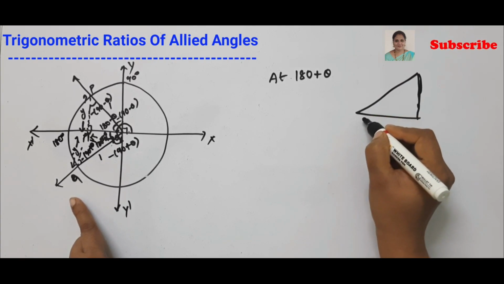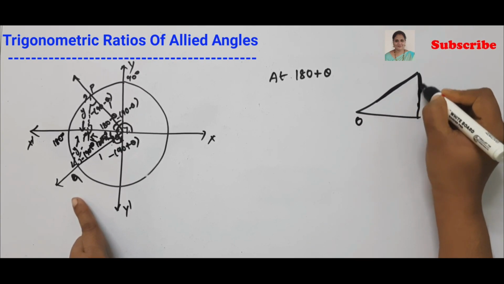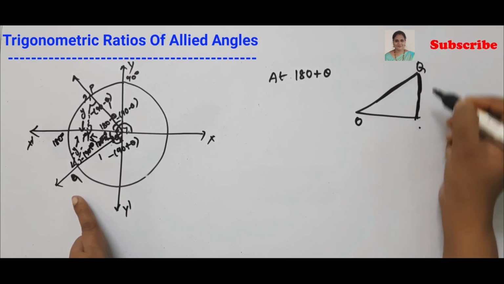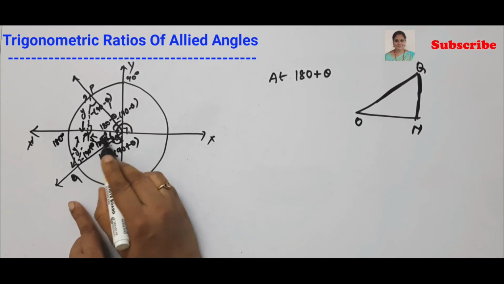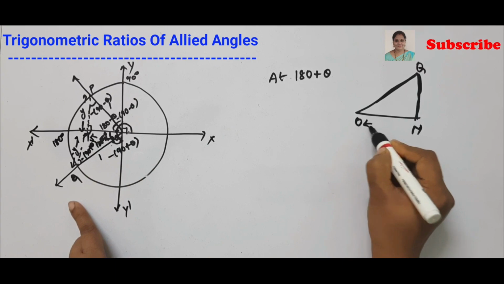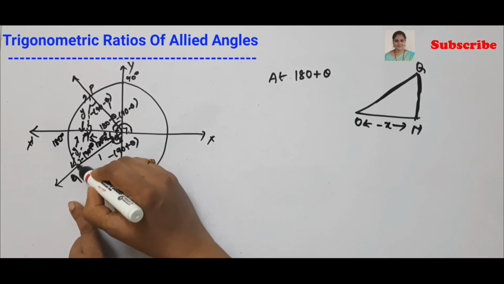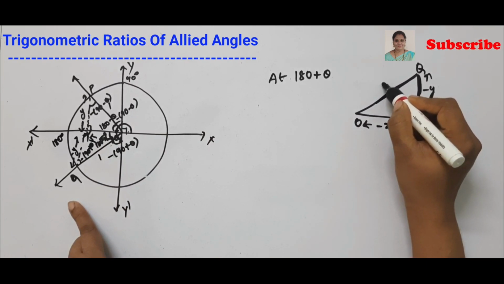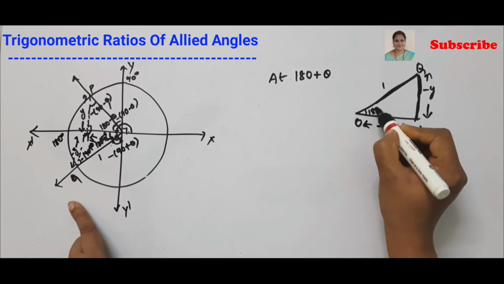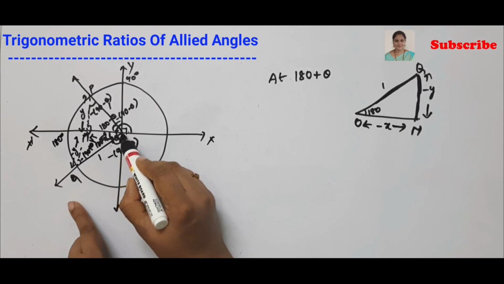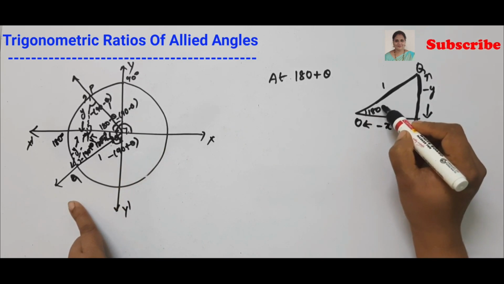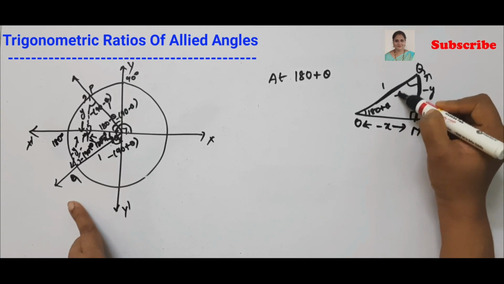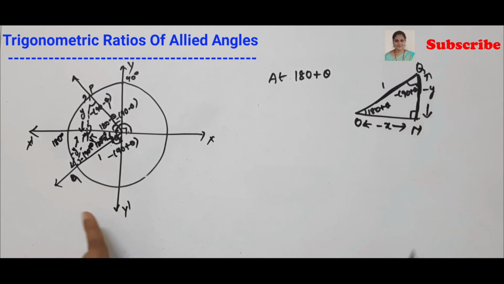If this is O, this is Q, this is M, the distance OM is minus x, the distance QM is minus y, the hypotenuse is 1, the angle at O is 180 plus theta, this angle is 90 degrees and this angle is minus of 90 plus theta. We got the three angles.